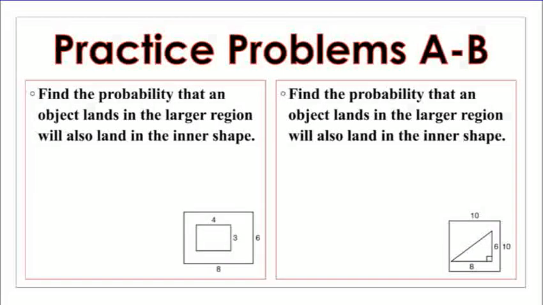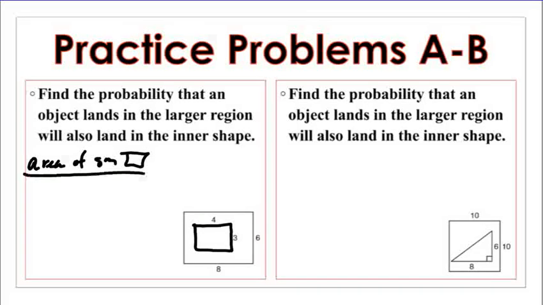Next, find the probability that an object lands in the larger region will also land in the inner shape. So it has to be inside here, which is also inside the larger rectangle. So let's find the area of the larger rectangle first, because that's our denominator. So it would really be area of small rectangle divided by area of large rectangle.